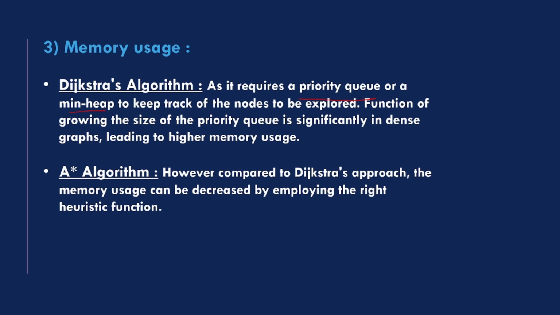The size of the priority queue grows significantly in a dense graph, leading to higher memory usage. For the A-star algorithm, however, compared to Dijkstra's approach, the memory usage can be decreased by employing the right heuristic function, because it uses the heuristic function.